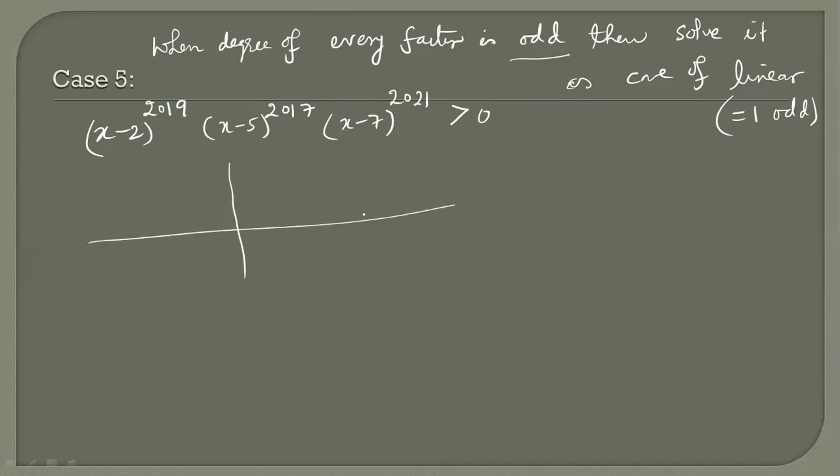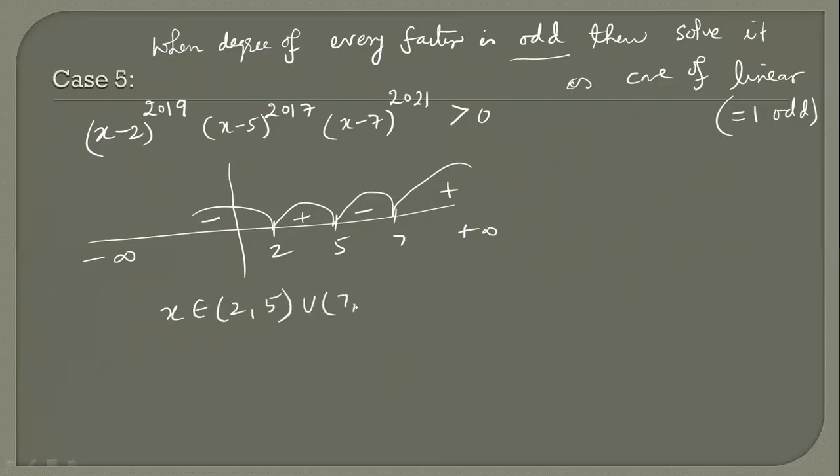Take the critical points 2, 5, 7. Here it will be plus infinity, here it will be minus infinity. So plus, minus, there will be no change. It will be solved as case 1 or the linear case. You are interested in positive, it means 2 to 5 union 7 to infinity will be the correct answer for this question.